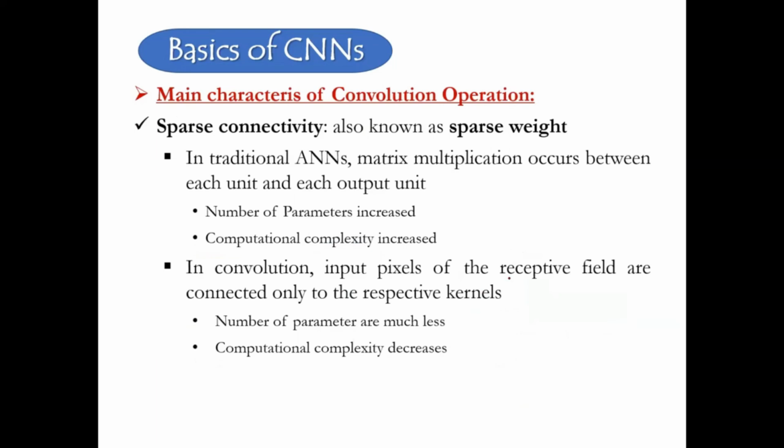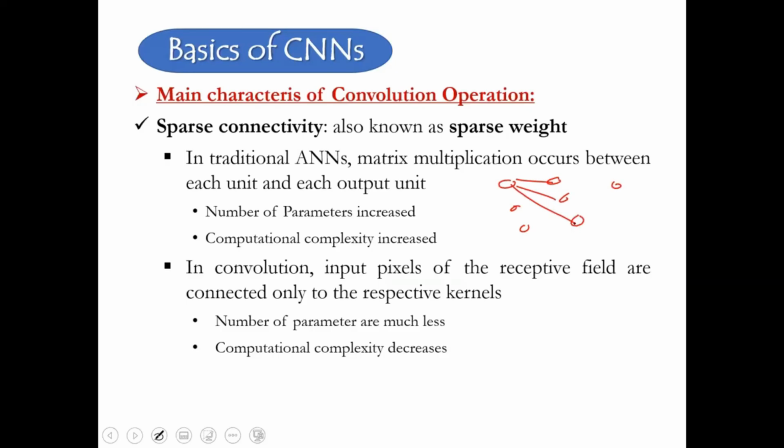Now, the main characteristic of the convolution operation is sparse connectivity, or we can say sparse weights. As in the ANN, suppose there are 3 layers, an input layer and hidden layers.